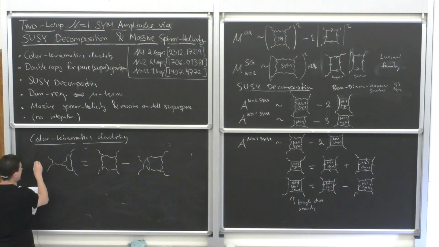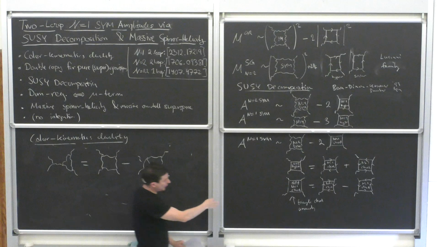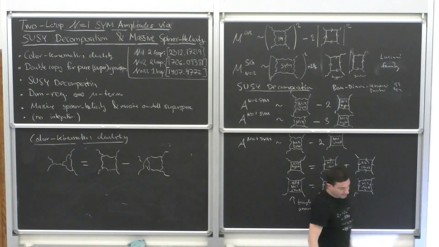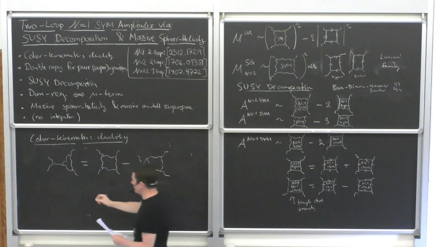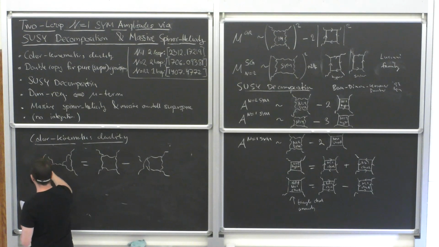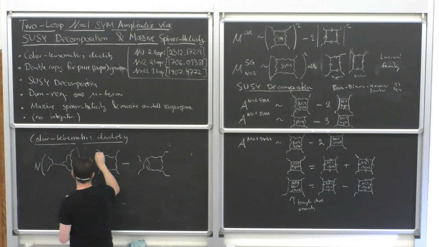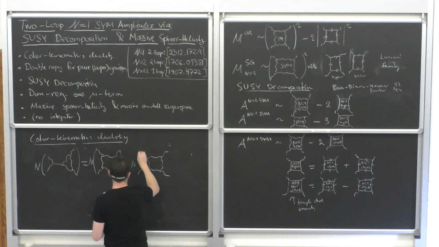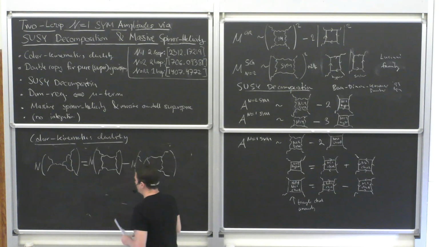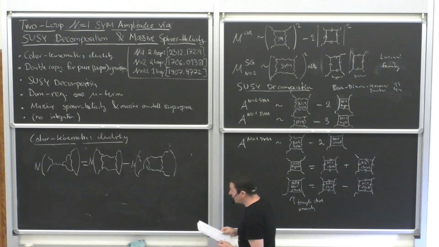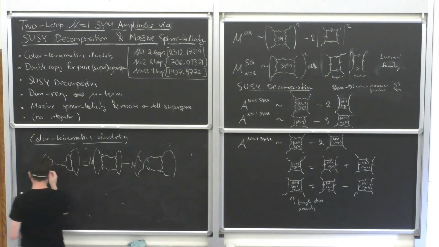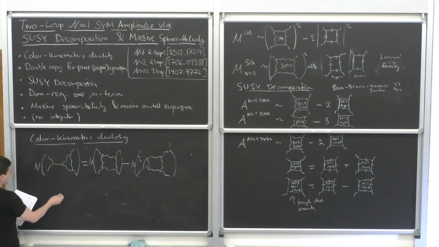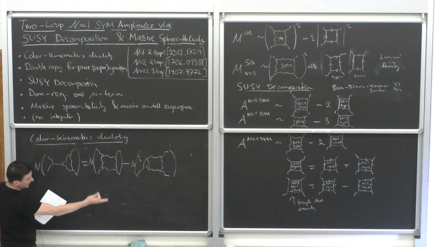Now I should say that before, I was talking about the full diagram, the numerator and the propagator, but this is strictly just for the numerator. I should have written the numerator of each graph, but often I will not do that because it clutters the graphs too much. So let me stop doing that. It's clear from the context when I'm referring to the numerator and when to the full graph.